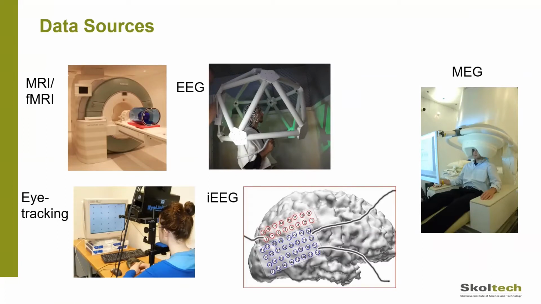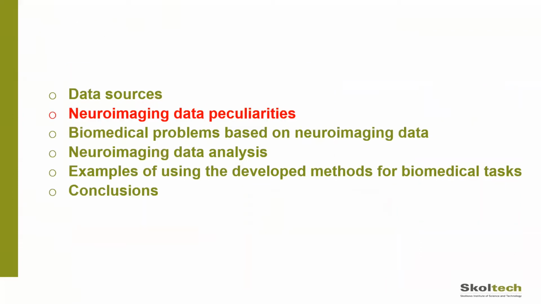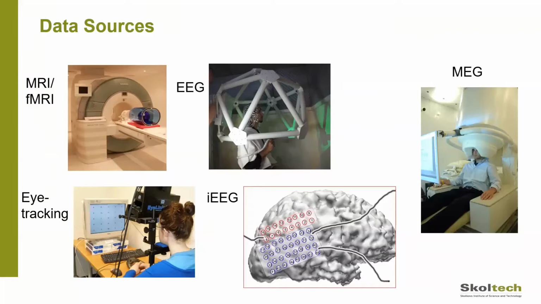Otherwise, it will be very noisy. Also, of course, eye tracking, and there exist some special procedures when you collect data about the electric activity of the brain directly from the brain during a surgical operation. But mainly today we will discuss MRI and fMRI. Again, these are the main data sources.